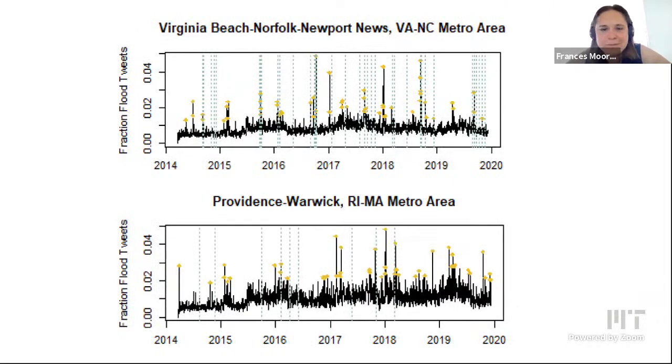And this is just showing you an initial example of some of that work, showing the fraction of flood-related tweets for two medium-sized metro areas on the East Coast. What's cool about this work is, I think you can imagine Miami sponsoring a dedicated, high-level scientific study to key in on what their flood risk looks like.